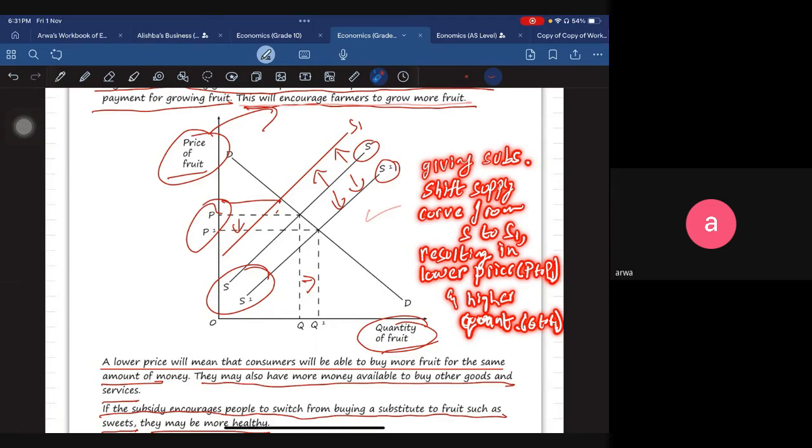You have an accurate diagram that is not having any issues, like he didn't move the supply curve to the left. He moved it right. He marked everything right. His labeling was right, and it was a relevant diagram.